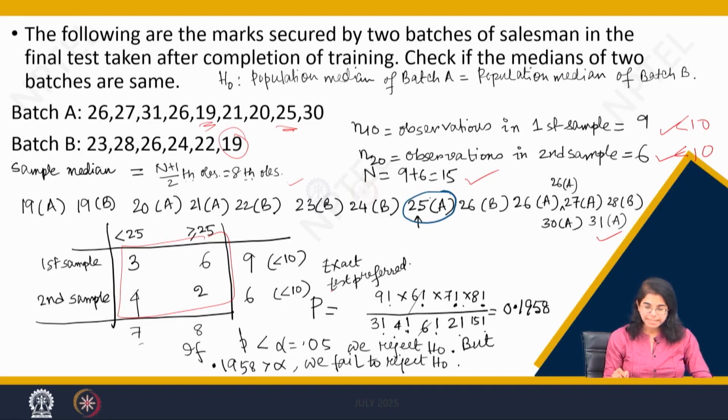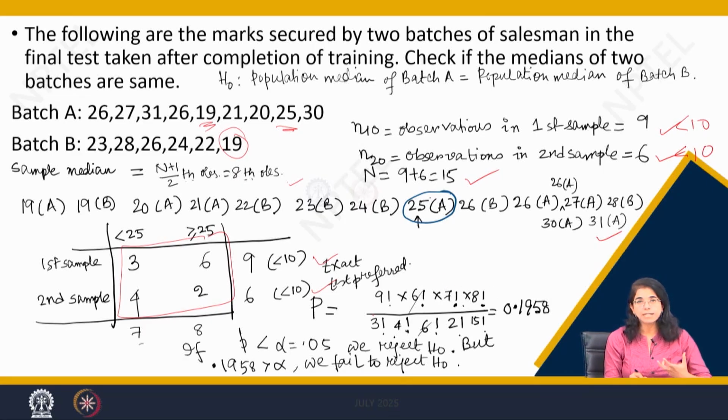Now the probability, because the marginals are less than 10, we will stick to the exact probability calculation. And in exact probability calculation, you know the formula. The rest is extremely easy. Replace the values and the factorial.